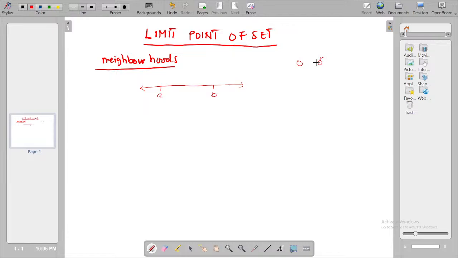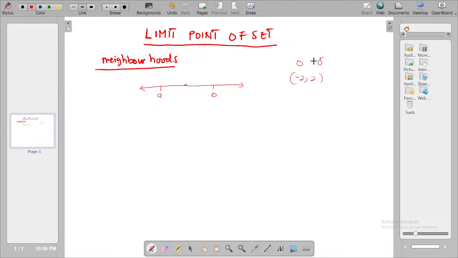Assuming you want a neighborhood from 0 on the real number line, you have the left side and the right side. So you go 2 units on the left and 2 units on the right, and that gives the interval -2, +2. So this is the concept of neighborhoods: creating an interval using a center and also a radius.